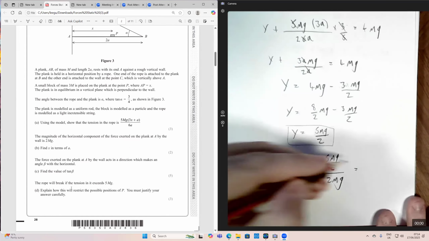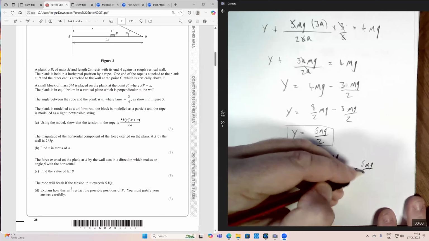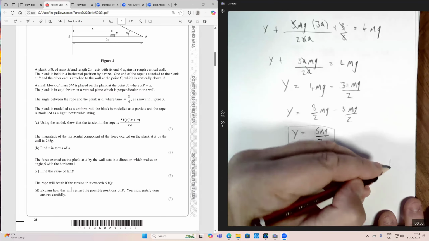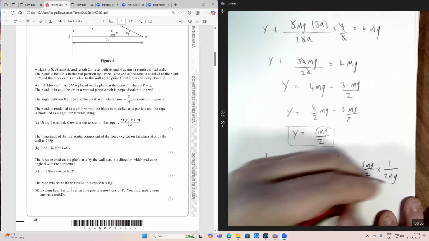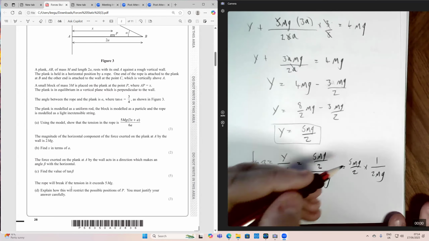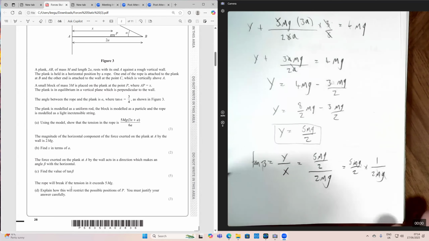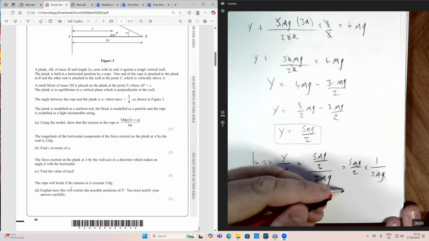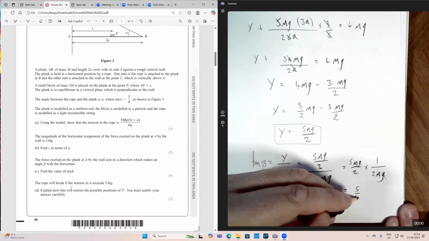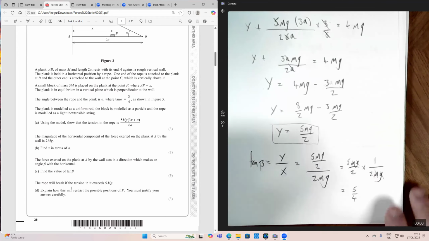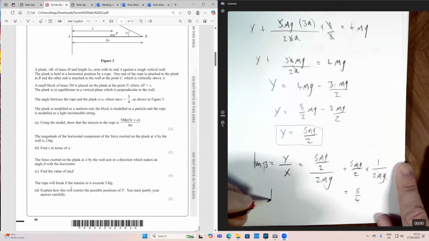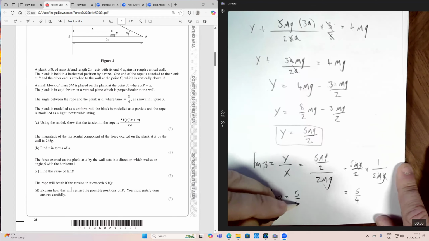And that is the same as 5mg over 2 times by 1 over 2mg. So our mg's will cancel now, and we're going to have 2 times 2. So this whole thing is 5 over 4. So the answer to part C is that tan beta is equal to 5 over 4.